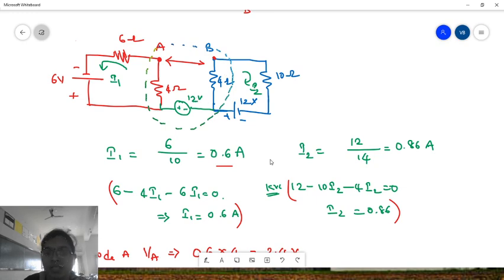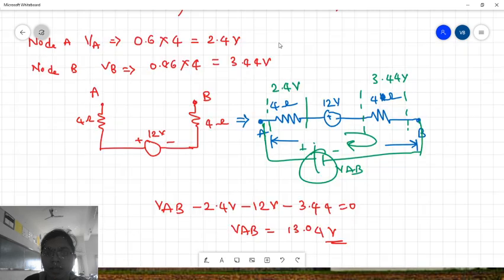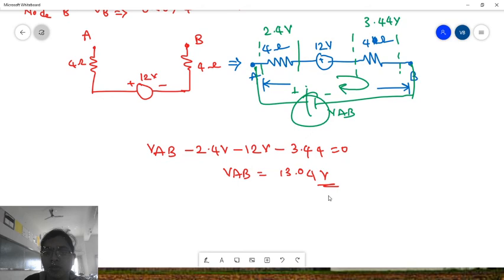Okay, so like this you need to calculate. After that, you simplify the network by drawing like this. Then that VAB value equals 13.04, which you are going to get.